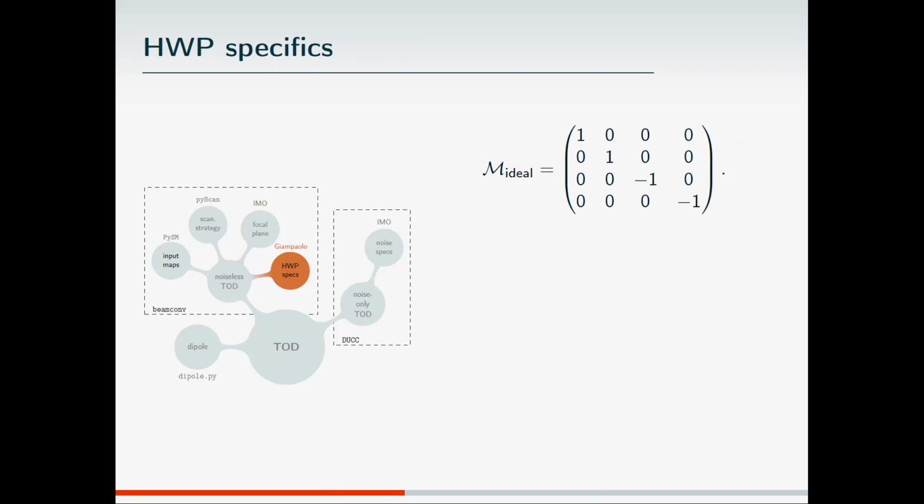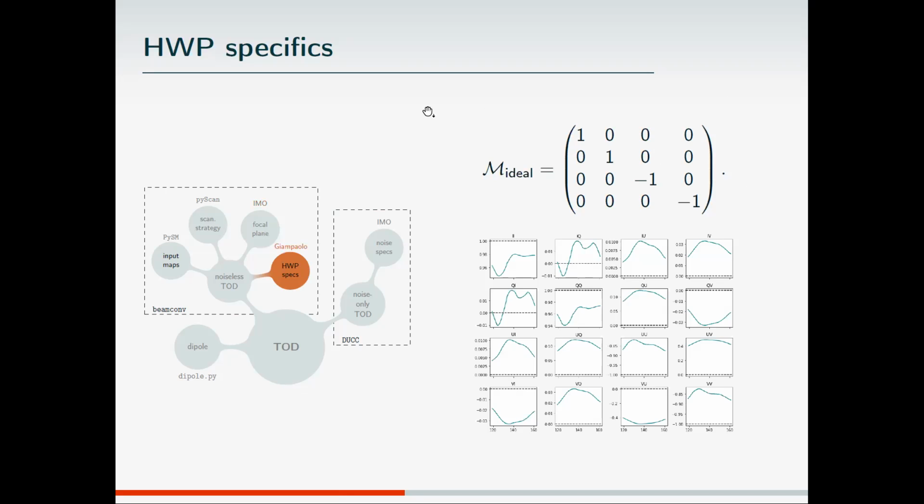And for the half-wave plate, Giampaolo Pisano gave us a file with all the Jones matrix elements for the half-wave plate, and we translated it into a Mueller matrix, which in the ideal case would be just this diagonal matrix. But when you take into account non-idealities, you have quite strong frequency dependence, and of course you also get off-diagonal elements.